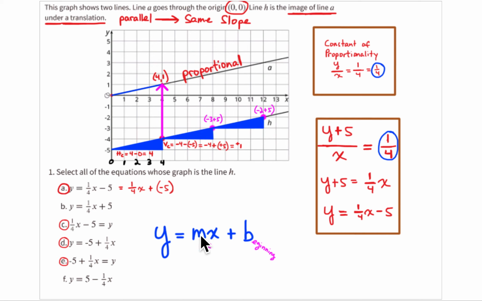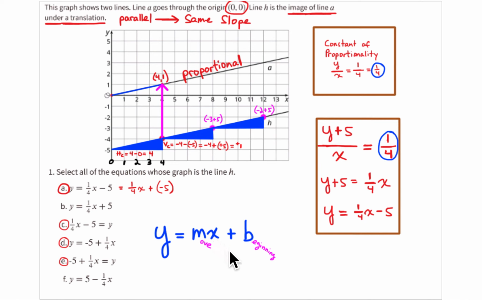Now they don't know where the M came from or the B came from, but somebody along the way just suggested, well, let's use M for meaning to move. So that's what happens to use the x value to figure out what y is. It's 1/4 of whatever the x value is.